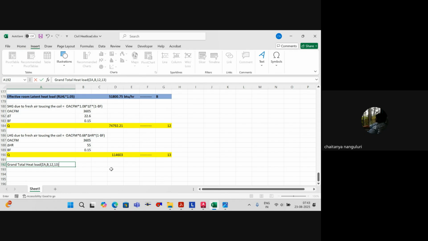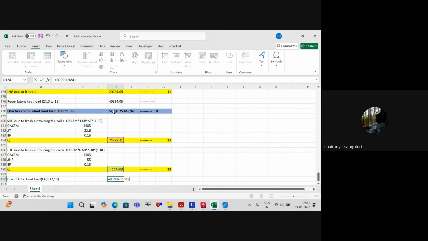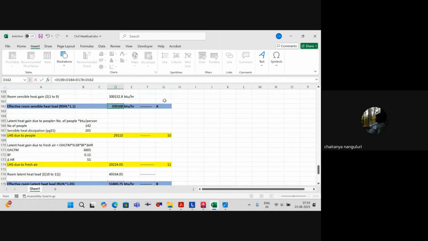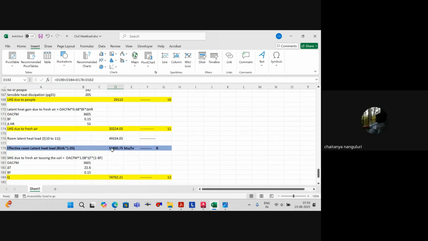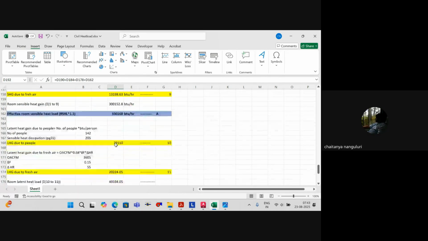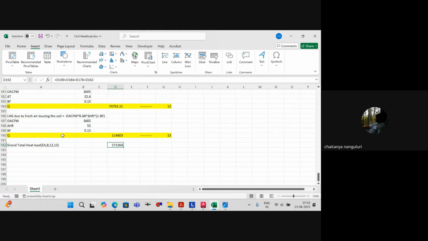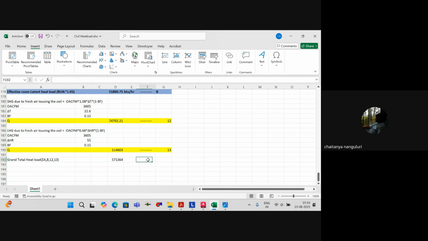These are the equations that we have to add. Understood or not? That's equal to this one plus this one plus this one plus this one as well. Clear? Yes. Effective room sensible load, effective room latent heat load, and these particular values. Then you will get this one, which is okay. Then coming to the effective grand total heat load.